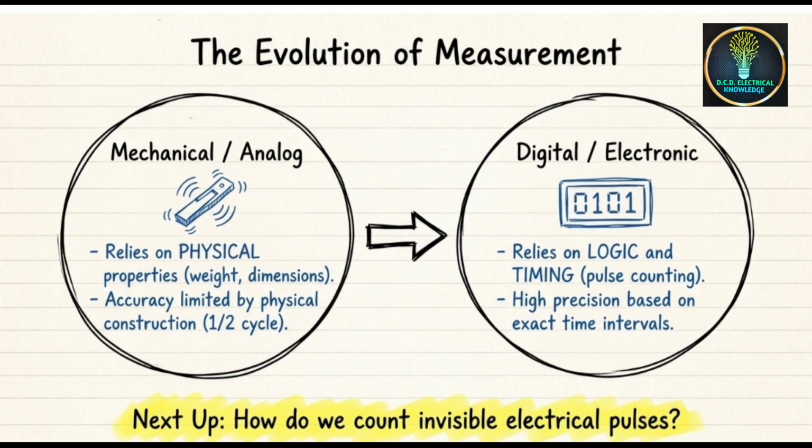The evolution of measurement. Mechanical or analog relies on physical properties, that is weight and dimensions. Accuracy is limited by physical construction, that is half cycle.